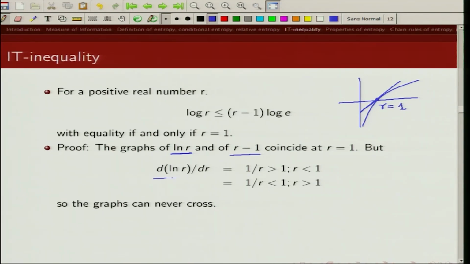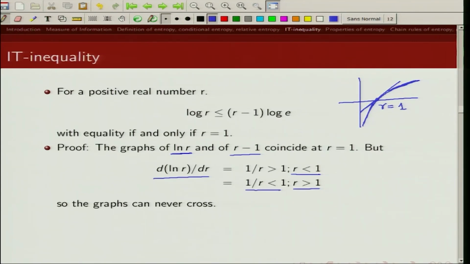And if I consider the slope of the natural log, for r less than 1 this slope is greater than 1, and for r greater than 1 this slope is less than 1.